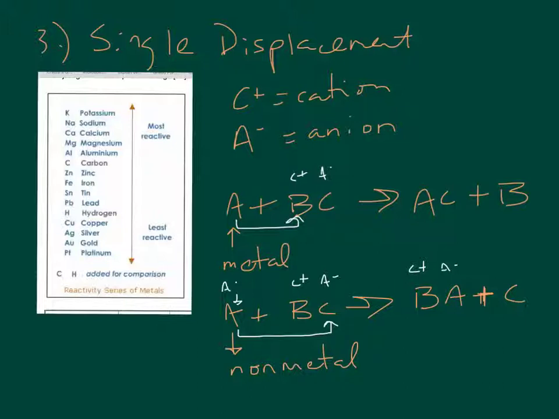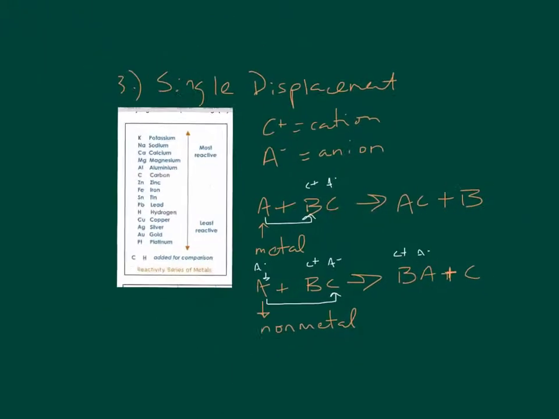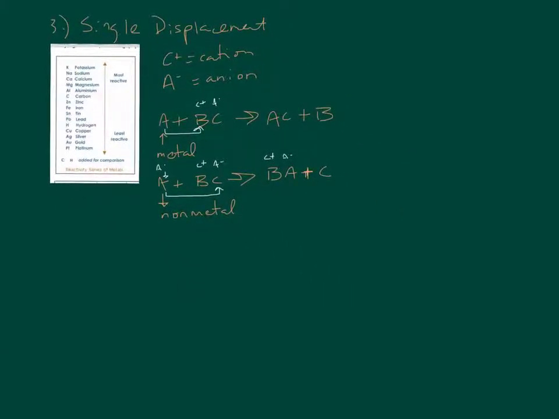Alright, so let's look at some actual examples of single displacement reactions and see what the equation is going to look like. Alright, I'm going to make this small and move it out of the way, and that way I've got some room here. Okay, so let's look at, how about copper plus silver nitrate. Alright, so there's copper plus silver nitrate, and we want to predict what will the product be for this reaction.